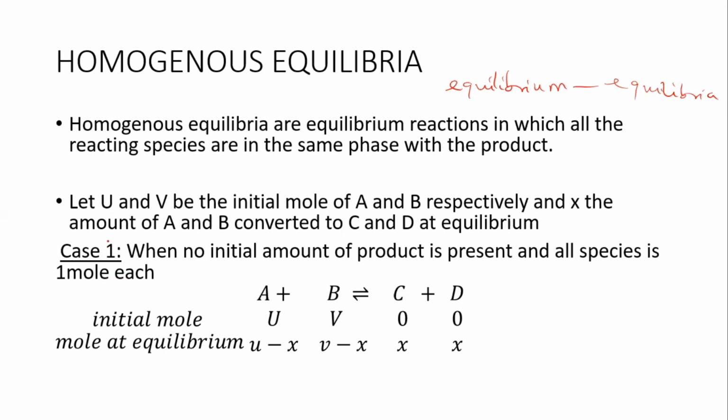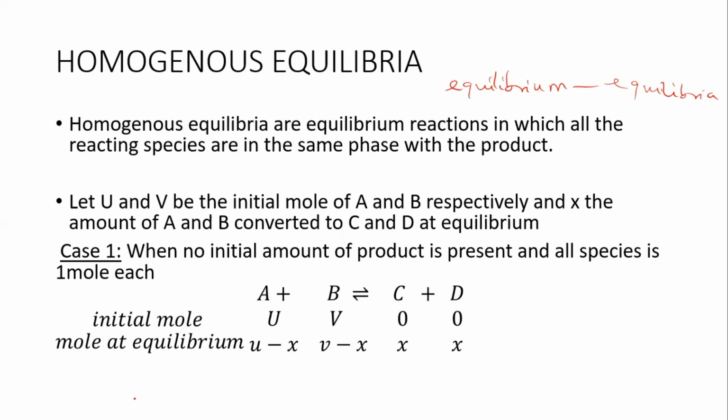Let's look at case number one, when no initial amount of product is present and all species are 1 mole. U and V are the initial moles of the reactants A and B. And of course, no initial moles of C and D are present.